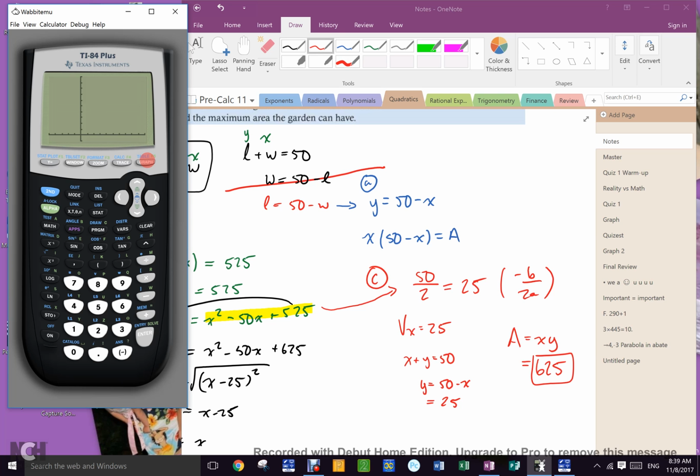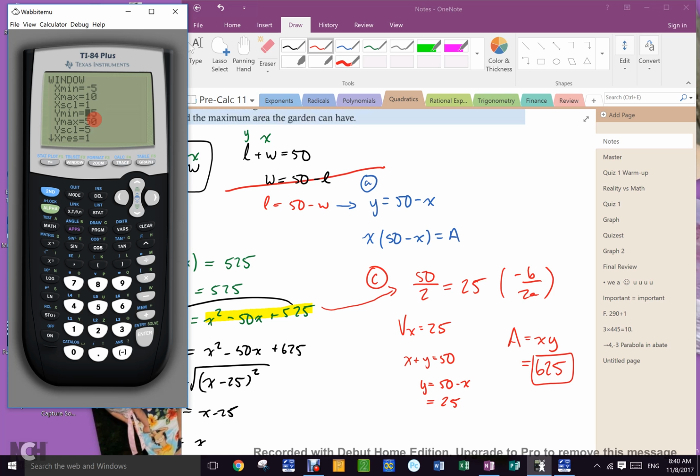We know what the y-intercept is here. 525. So my y's have to go up to at least 525, don't they? Right? So let's change our window. So our y's will encompass 525.